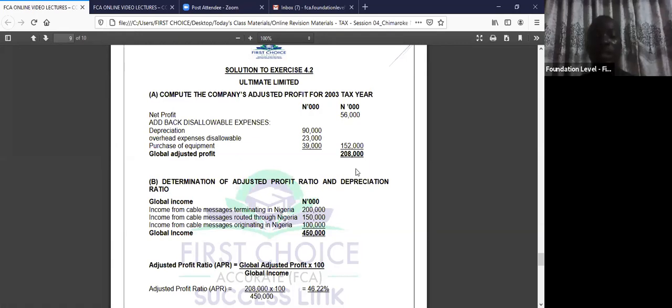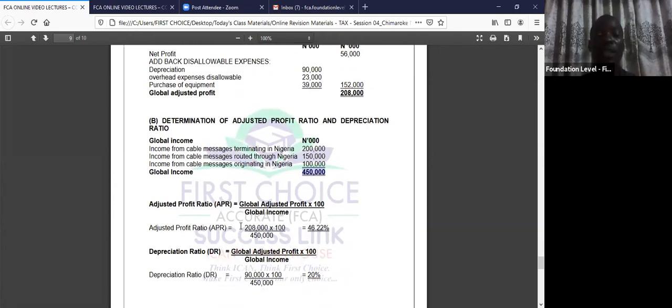What is the ratio? You need to look at the global income. It was given to us, but just for the sake of emphasis, we brought them down here. 450,000 or 450 million. Now, you need to do the ratio. Adjusted profit ratio will be this adjusted profit divided by the global income times 100. 46.22%.